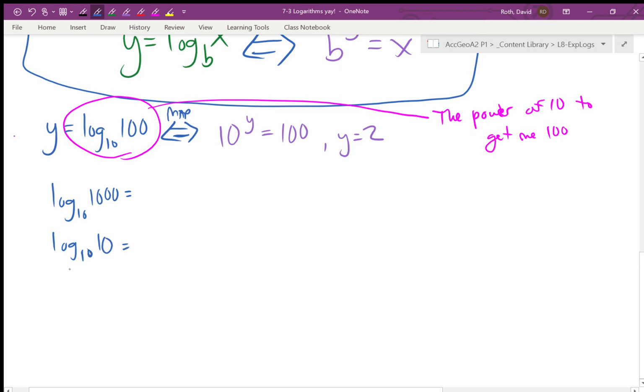And by the way, if I just write log of 1, this is an important point. It's understood to be base 10.